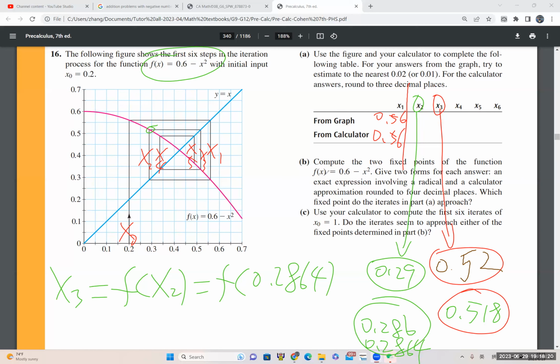For example, can we let x equal to some number, for example, 5? We can, but f gets a negative value, right?